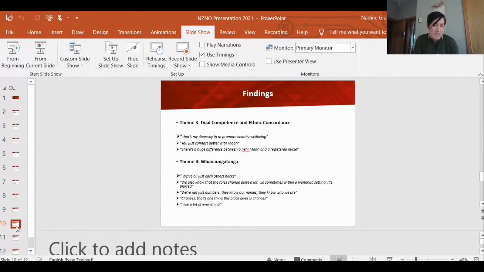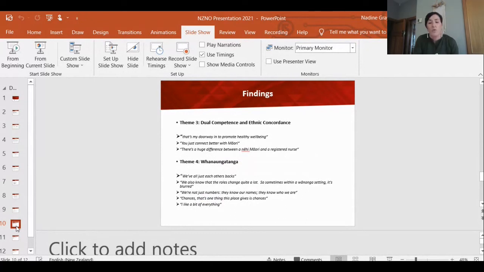And just interestingly, in the program, the nursing students have to demonstrate competency in tikanga hauora, health, and also tōna reo. So they have Māori language, learning basic te reo Māori, under the domain of cultural competency.